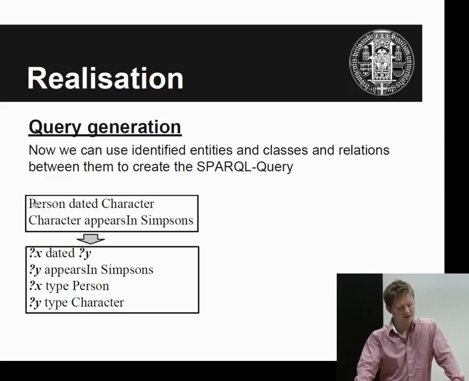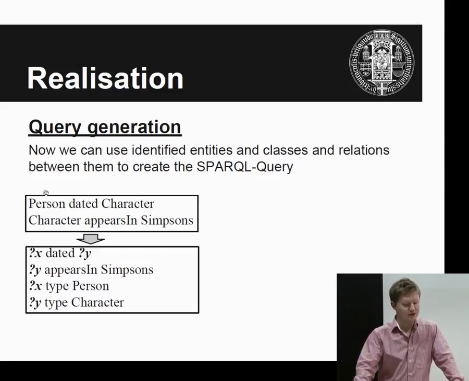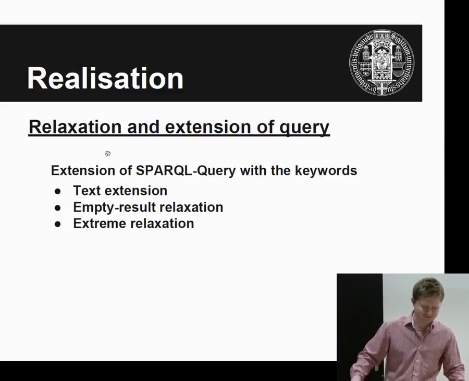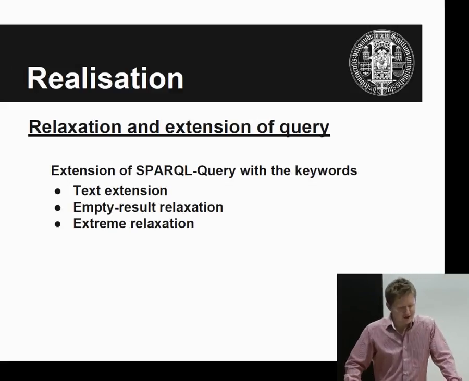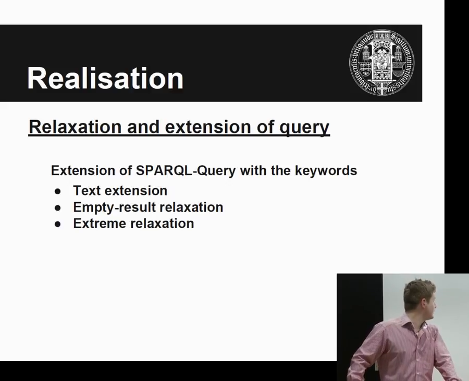Here we substitute person with x, then character with y, and we also add further triples which define the variables, here x and y: x type person, y type character. This information, which class it was, we cannot lose. So then we have a finished query, and now we can relax and extend this query.